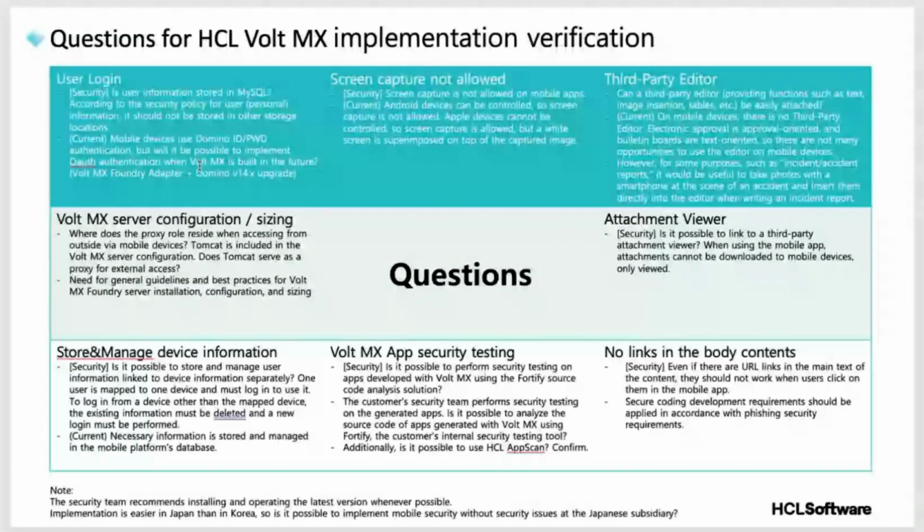In the future they will upgrade Domino to maybe 14 or 14.5, the latest version, and OAuth authentication is considered for the VoltMX mobile app. So they ask this question. Okay, no problem. We support OAuth authentication. That is so good. That's right.